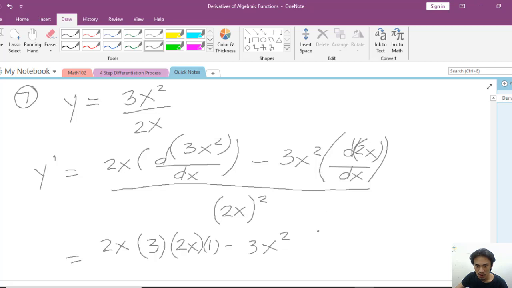times the derivative of 2x with respect to x, copy the constant 2. Derivative of x with respect to x is simply 1, and we will divide this whole expression by 2x squared, or simply erase this one.